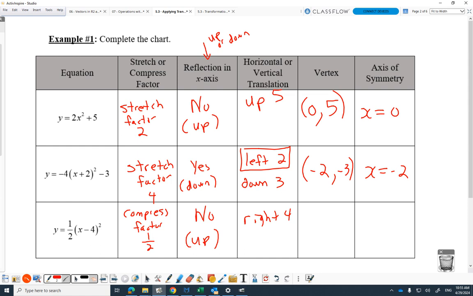And the vertical you find outside the brackets. That's why the first one didn't have a horizontal. It didn't have anything in the brackets. And so it's just right for 0, because it hasn't been moved up or down. And so axis of symmetry, x equals 4. Did it come full circle by the end of the table? You're like, okay, maybe I'm okay. But tell me what questions you have. I'm not trying to rush through it.